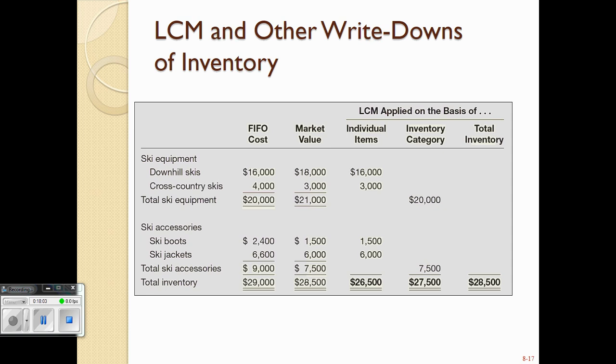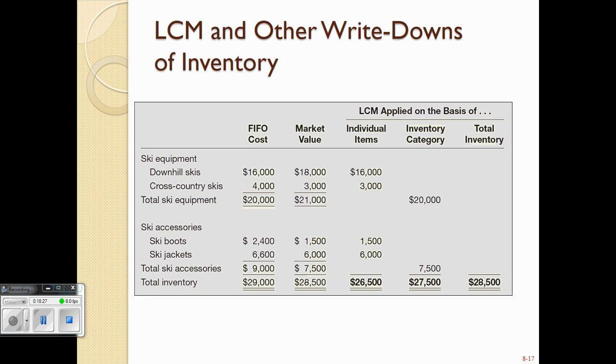But notice what happened to those cross-country skis. On an individual item basis, they took those items and marked them down to 3,000. Why? Because even though they bought them for 4,000, what could they currently be purchased for?